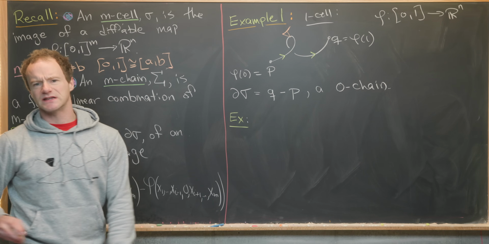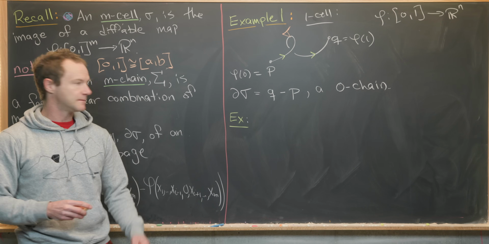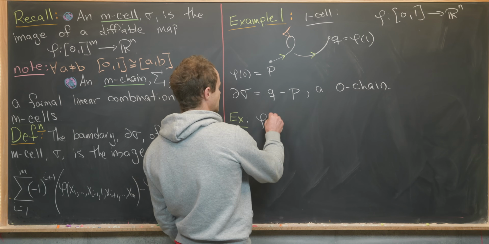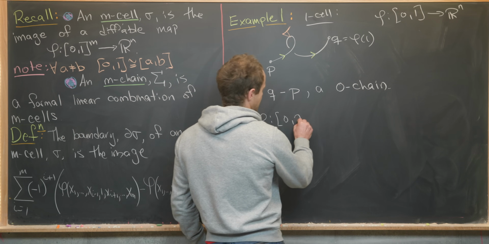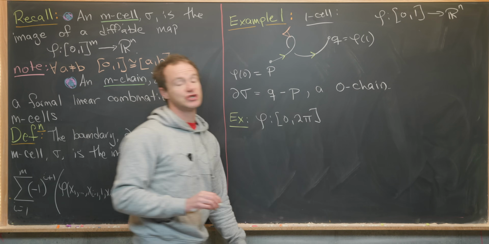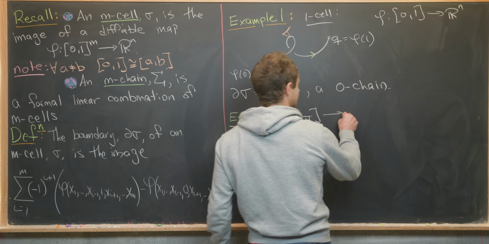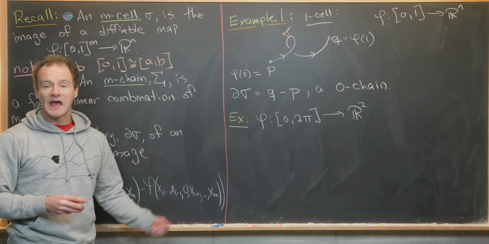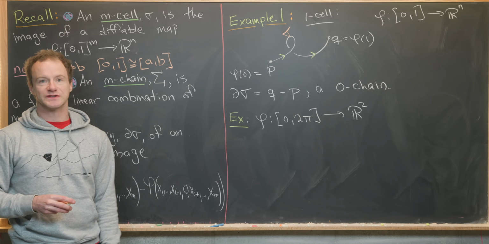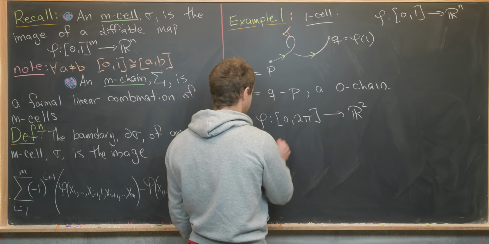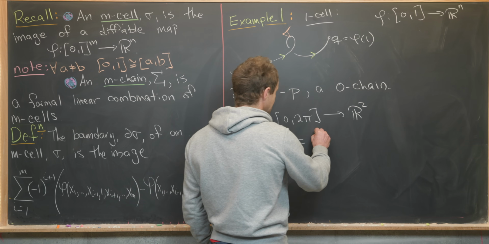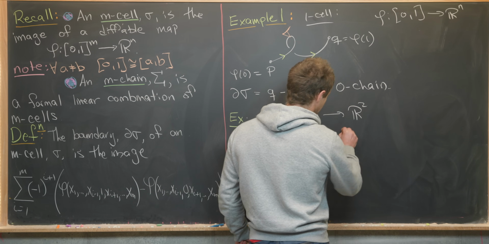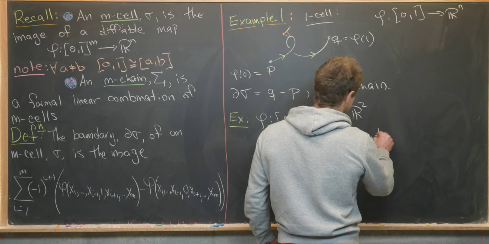Okay, so let's do another example. Let's say our example now will be a circle. So let's say we have phi going from the interval 0 to 2 pi up to R^2. This is going to be a circle in R^2, and we'll just use the standard parameterization of a circle. So let's take phi evaluated at t to be equal to the vector valued function cosine t, sine t.